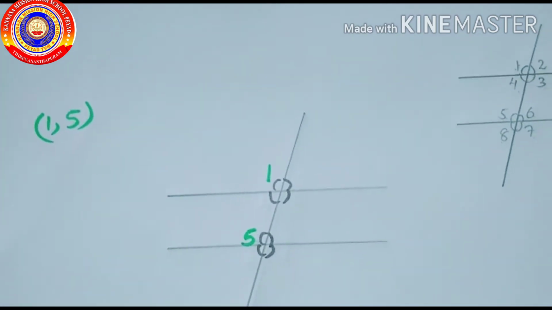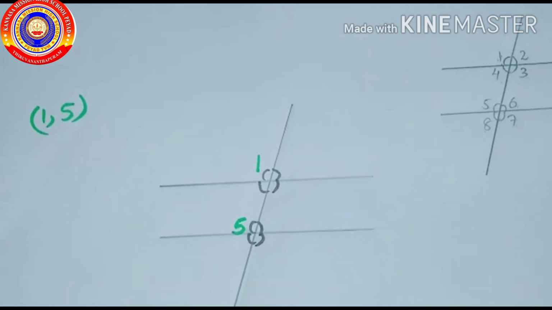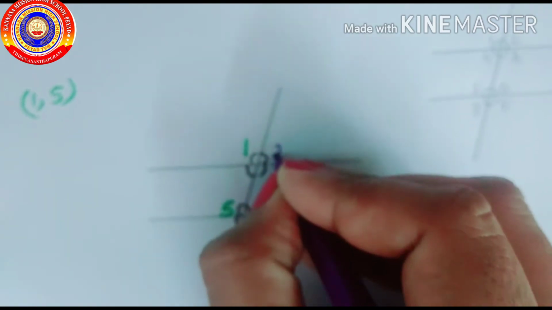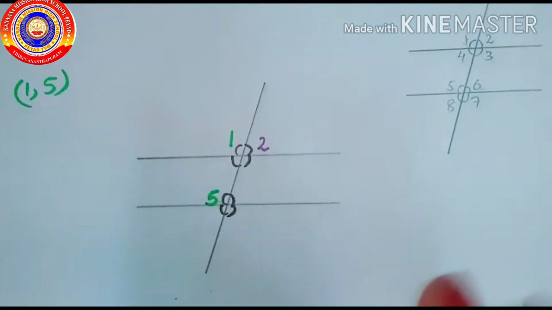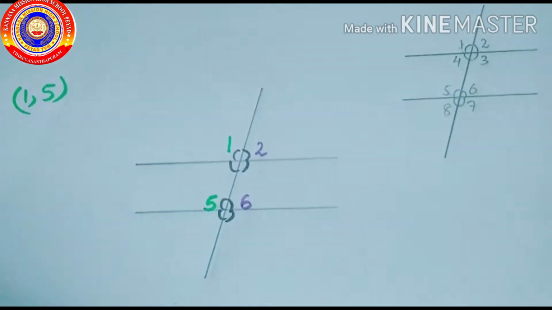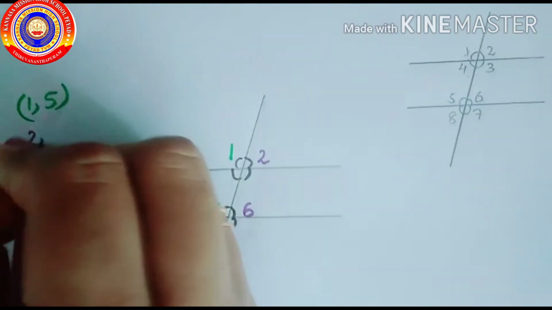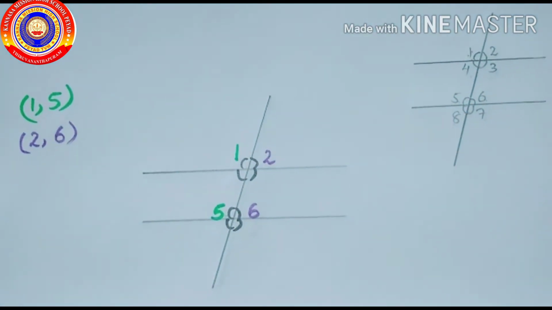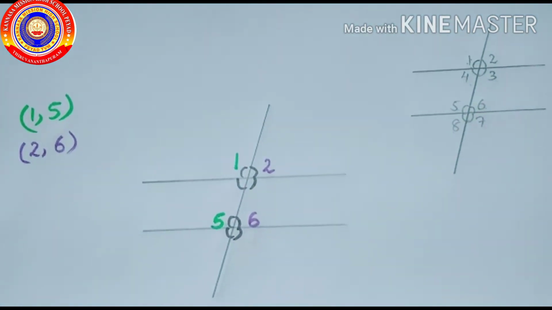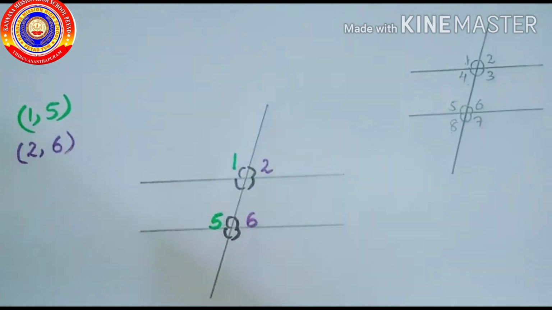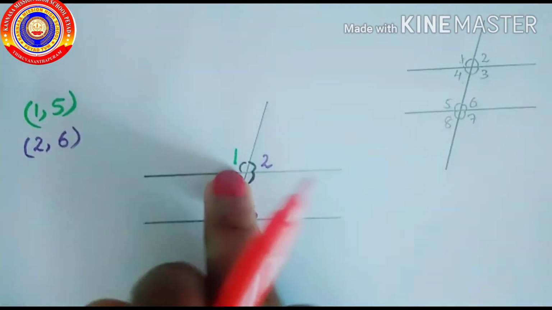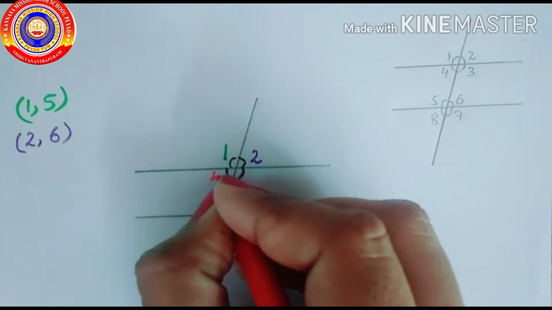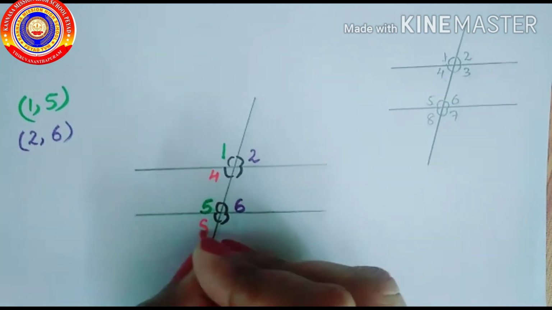Like this, there are other pairs of corresponding angles in the figure. Let's find them. See, here an angle on the right side of the slanting line and above the parallel line, that is number 2. And there is another angle in the same position, that is number 6. This is a pair of corresponding angles. Another pair of corresponding angles are angle number 4 and 8. That is also in the same position.